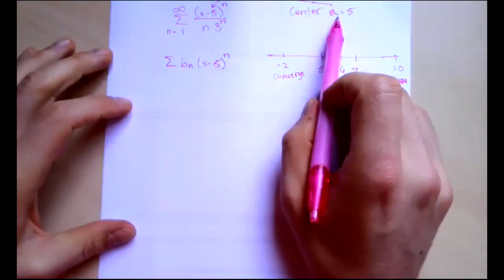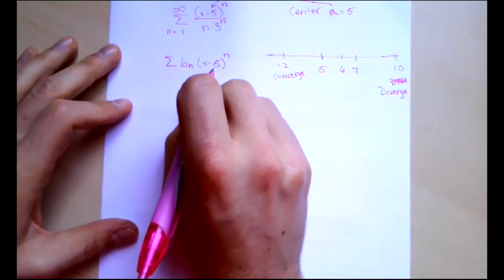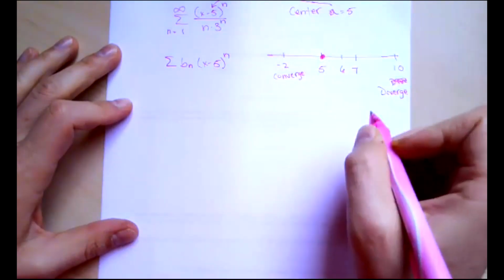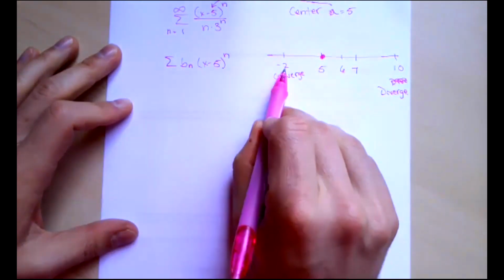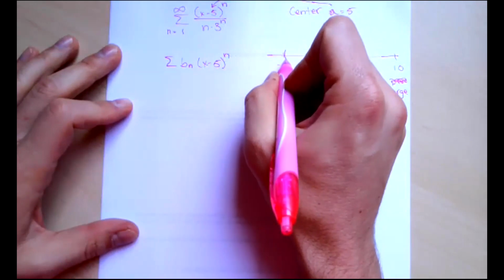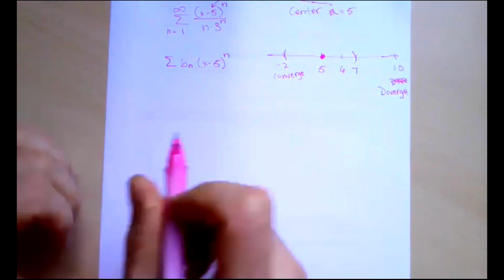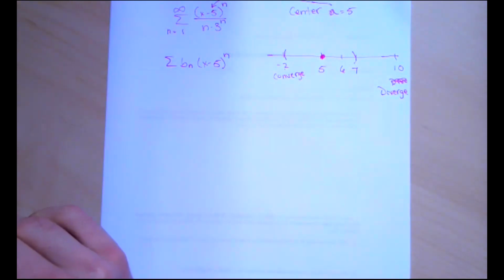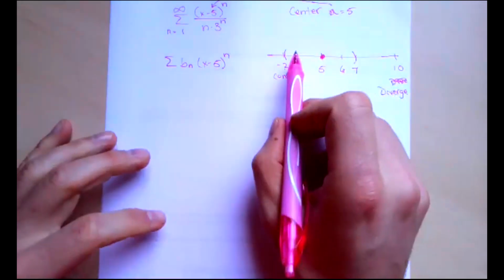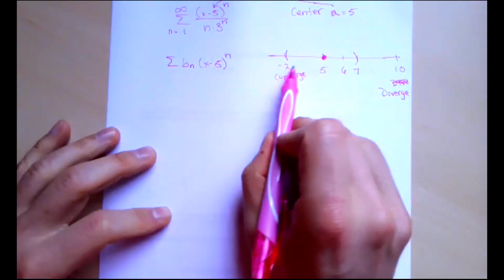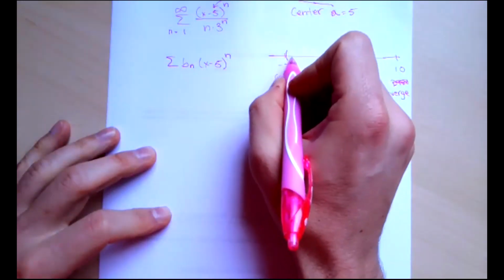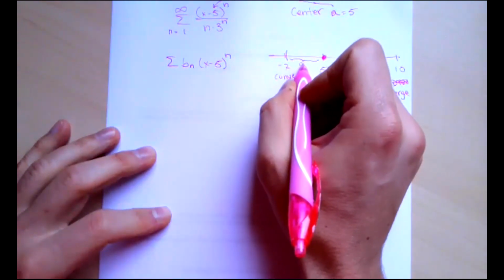Why? The other thing we can estimate is the radius of convergence. Because the center is at 5, and I know I converge at -2, I know my radius of convergence has to be at least 2. So I know that within those values, since I converge at -2, I will have to converge all here.